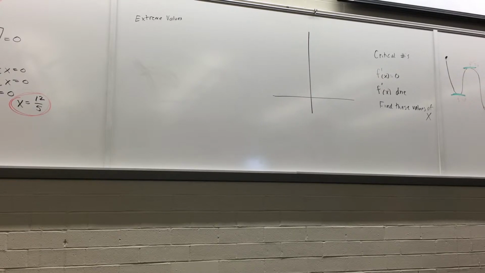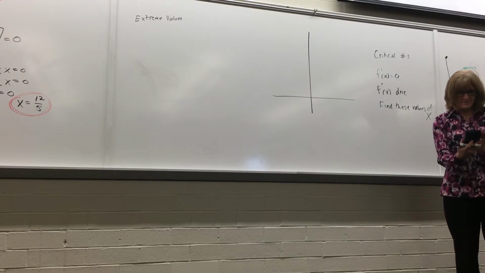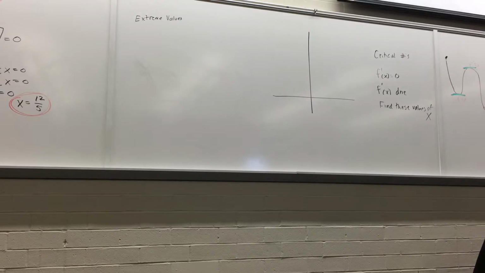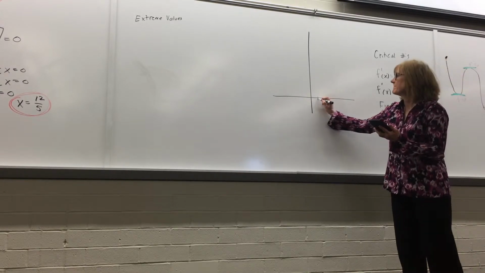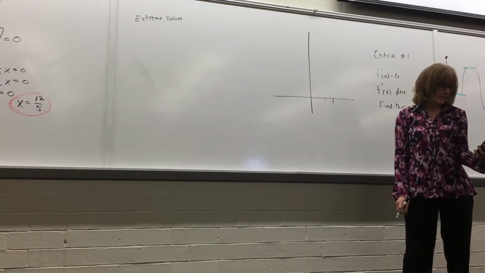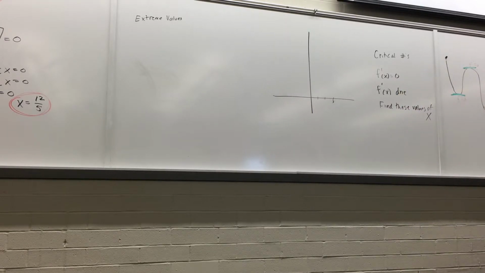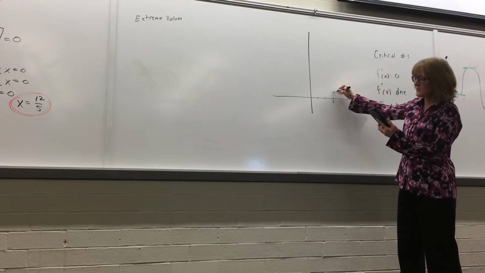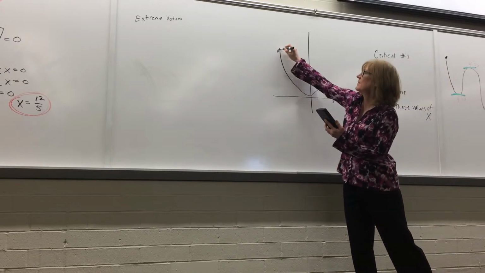My domain was negative infinity to 3. My calculator is slower than I am. Okay, so it starts off somewhere here, goes up, down. There you go. Thank you.